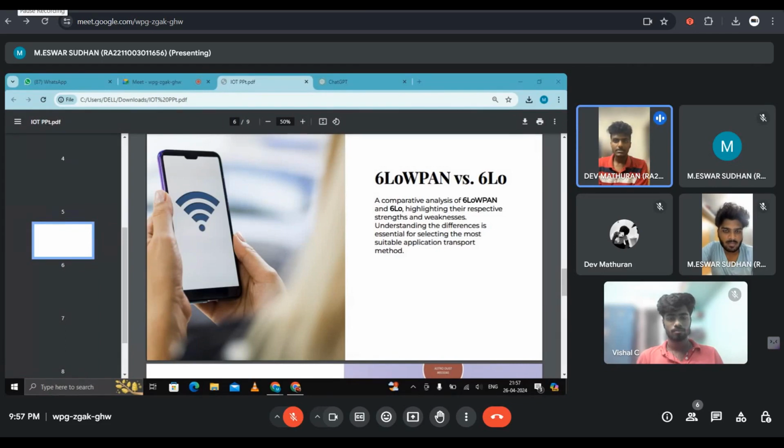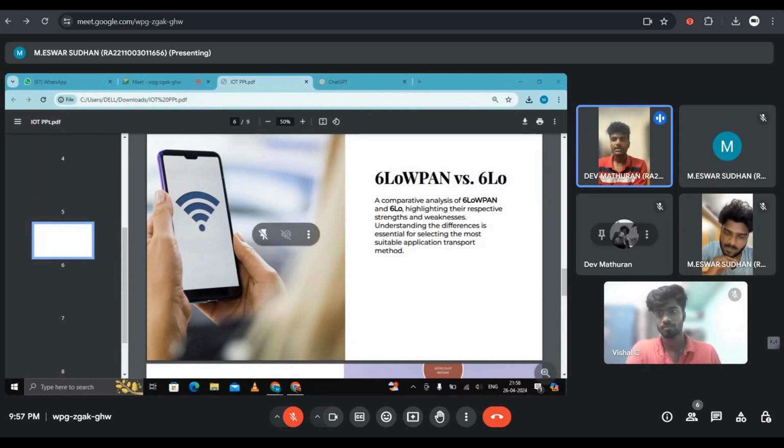The next topic is the difference between 6LoWPAN versus 6LO. Features, protocol: 6LoWPAN is IPv6 over low power wireless personal area network, and the next side, 6LO, is IPv6 over network.